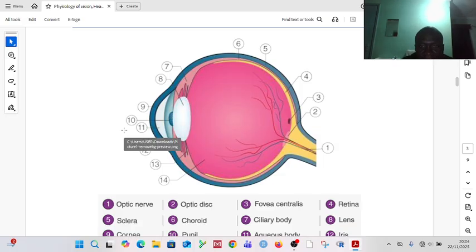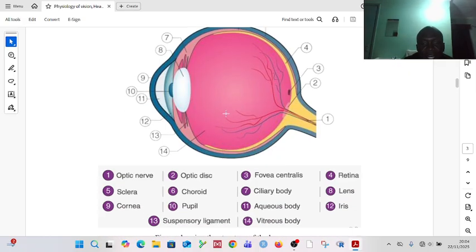Then ikipita sasa kwa pupil inaenda kwa lens. You know, the pupil is just a section, a tiny section at the center of the lens. Okay. Then now beyond the lens, inaingia tena kwa another aqueous body, the vitreous body, an aqueous environment hapa.